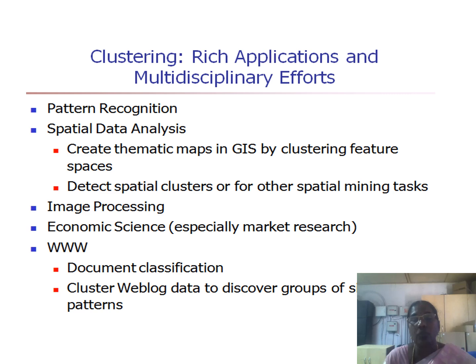Then image processing: how to process the image, we cluster all the pictures and accordingly determine the images. Then economic science and market research: how to determine whether the customer is a big spender or a budget spender, as in market basket analysis. Accordingly, we can determine the segments.